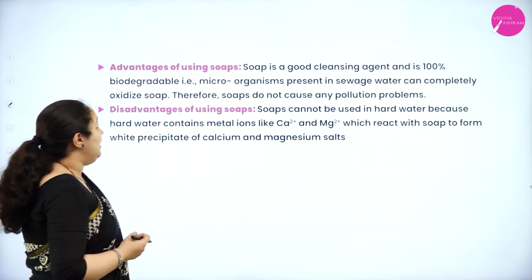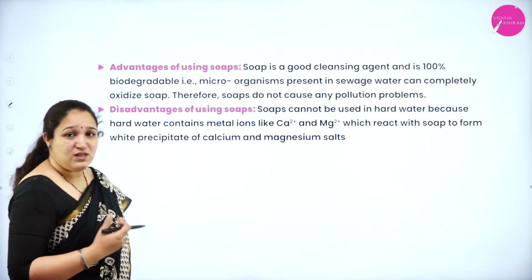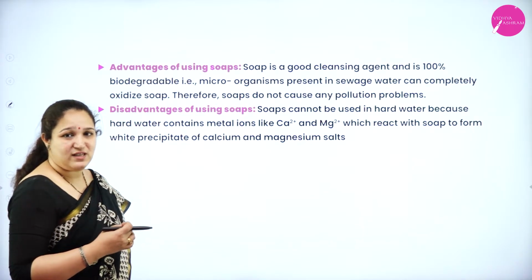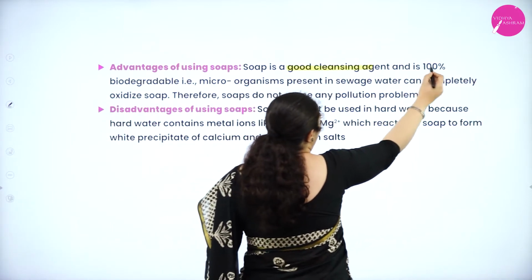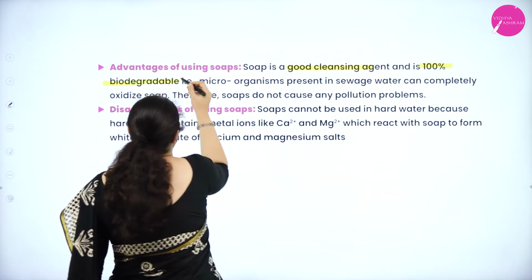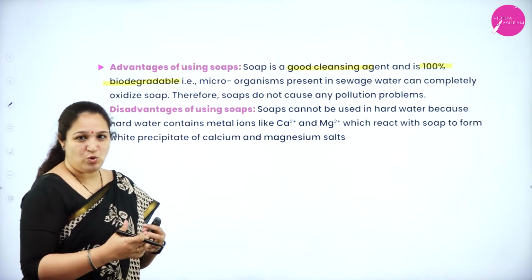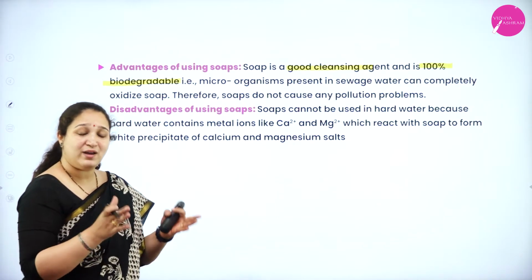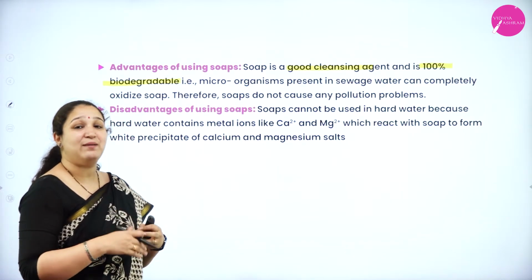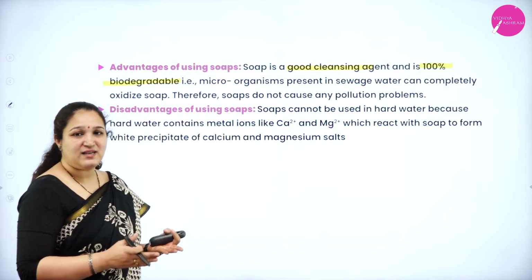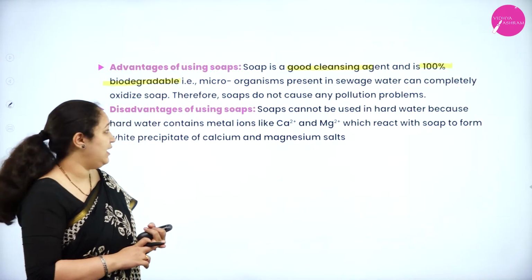Okay. Next, what is the advantage of using soap? The first advantage is they are good cleansing agents and they are 100% biodegradable. That is, whenever we use soap and it goes to the sewage, the microorganisms in the sewage can oxidize this soap, so it can be degraded easily. That is the first advantage of using soap, and it's a very good cleansing agent.